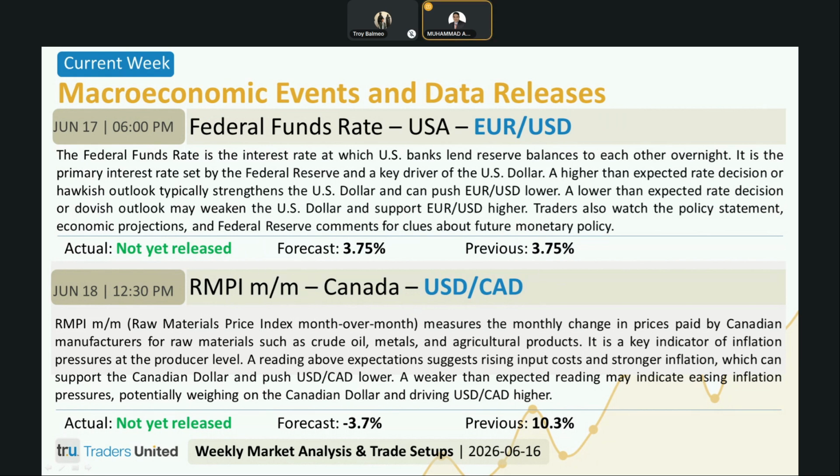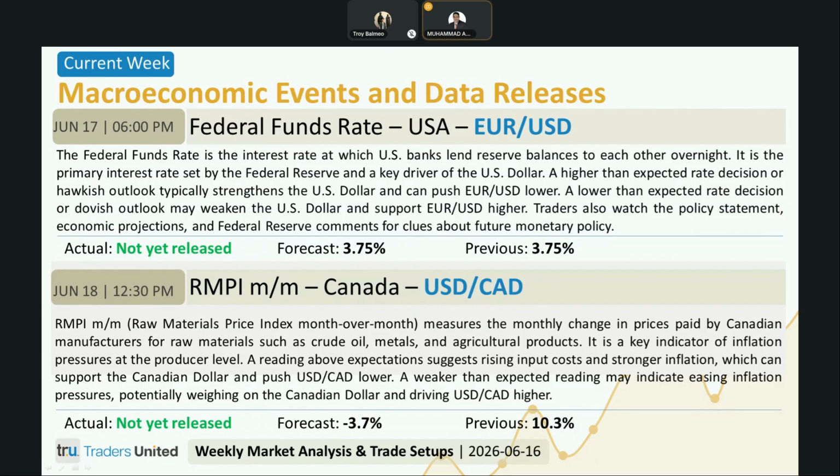It measures the monthly change in prices paid by Canadian manufacturers for key raw materials such as crude oil, metals, and agricultural inputs. It is an important indicator of producer level inflation in Canada. This data is closely watched because it provides early signals of inflation trends before they appear in consumer price indexes. As a result, it can influence expectations for monetary policy decisions by the Bank of Canada and impact the Canadian dollar.